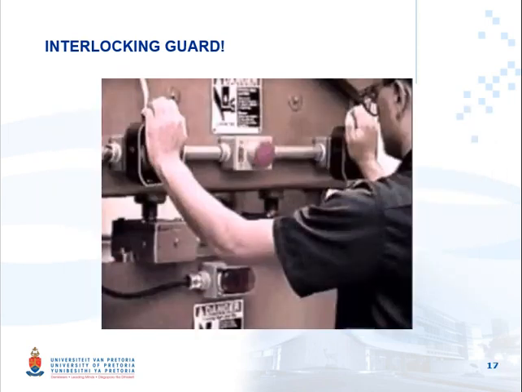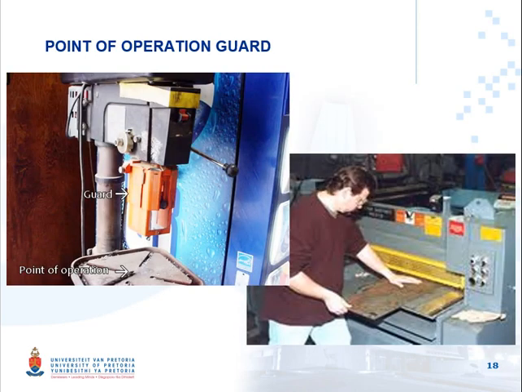There are some examples of an interlocking guard or a point of operation guard. You see that, for example, here is a hand. I can't just provide some kind of glove. I'm talking about the right-hand side picture. I need to design the machine or protect the machine in some way with a guard. In this case, you see that it's not the case.